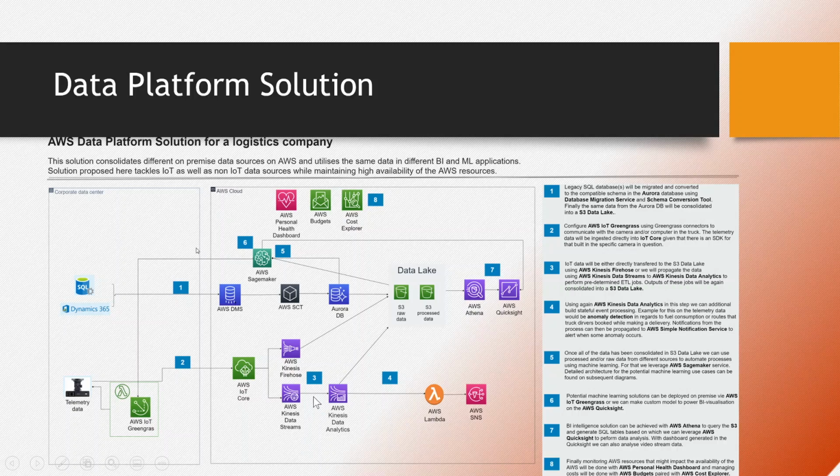As the data is flowing in, we can parse it with the Kinesis data analytics and use the ETL capabilities built in data analytics to do two things. First things, obviously, transforming the data, loading the data and transforming it, and then sending it forward to the processed bucket in the data lake.